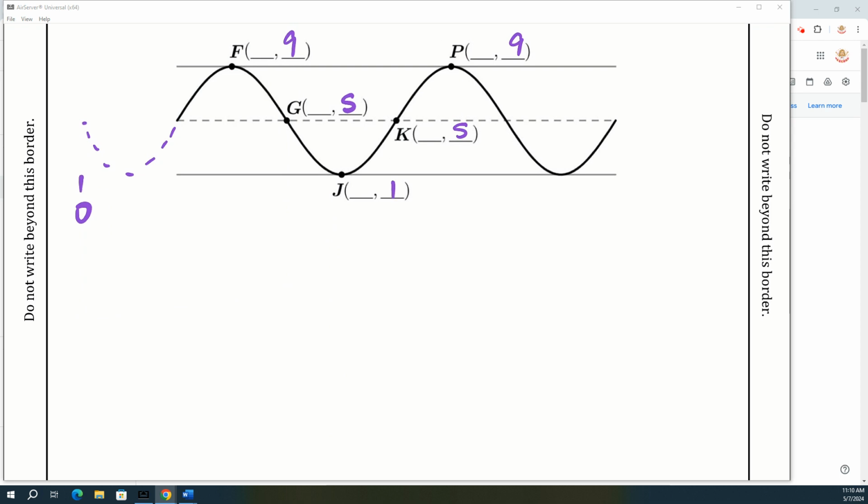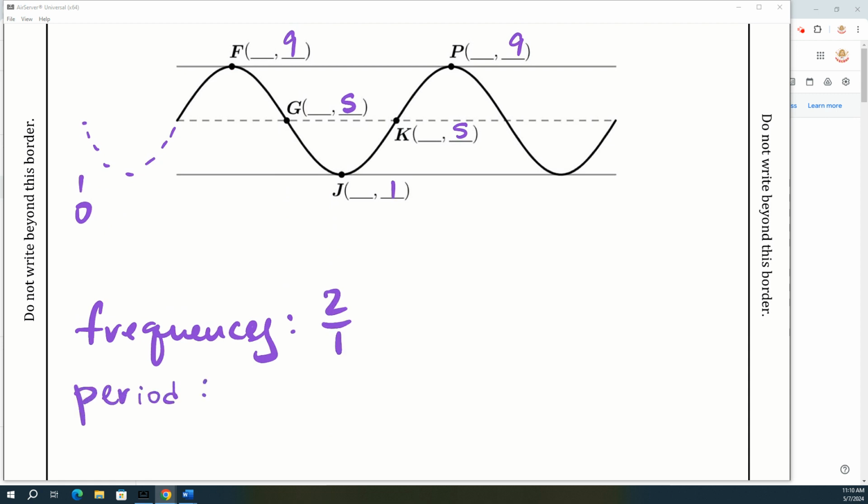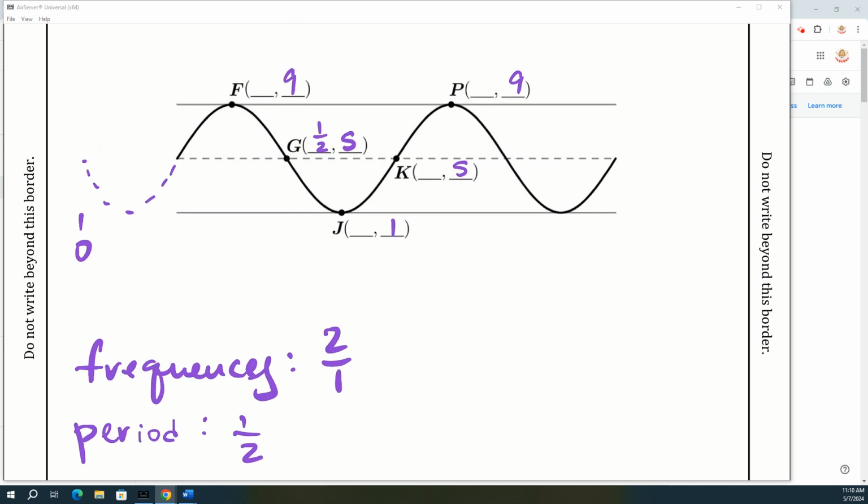Is that a period or is that a frequency? 2 rotations every second. That's a frequency. So what is that going to make the period? Do I remember? 1/2 is the reciprocal. All right, so from 0 to G, that should be a full period. So that G T value should be 1/2.